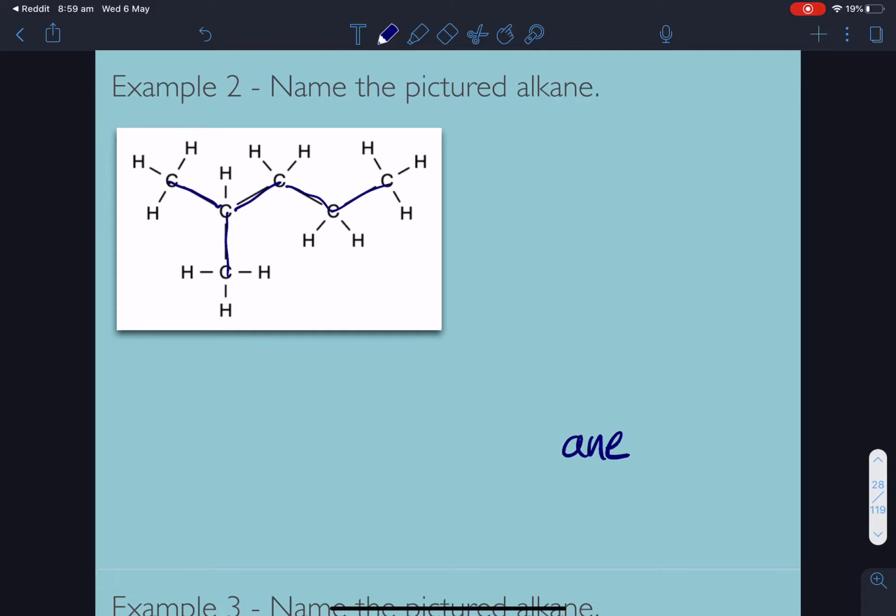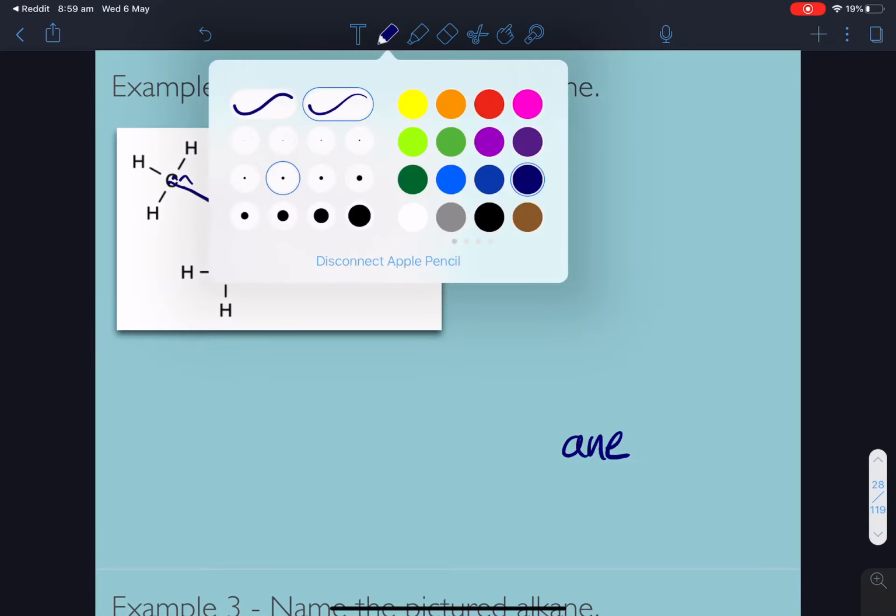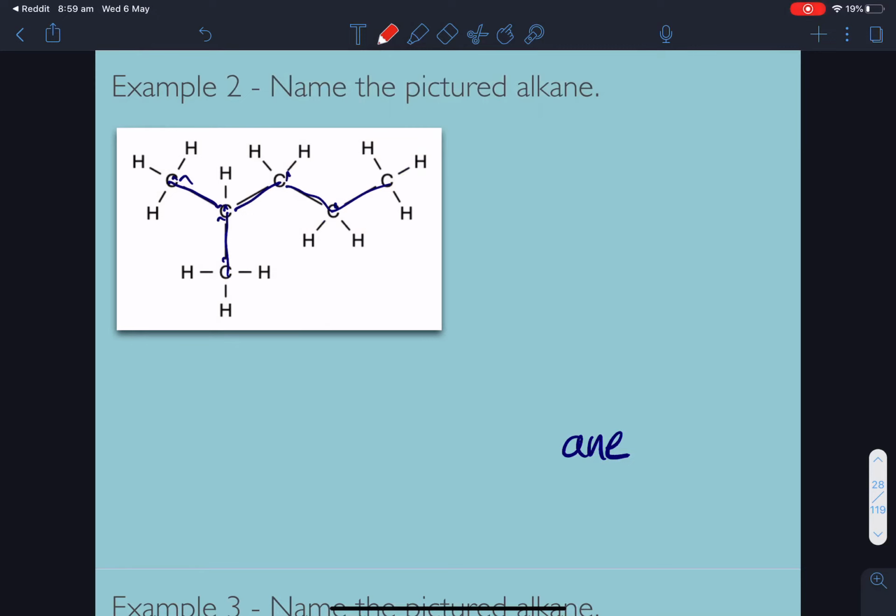Okay, identify the longest chain. Well, 1, 2, 3. No, 1, 2, 3, 4. Oh, hang on, you can't see this. Okay, you can go 1, 2, 3. Well, you can see there's a longer chain elsewhere. Let's go back. 1, 2, 3, 4, 5. That's another option, that's longer.